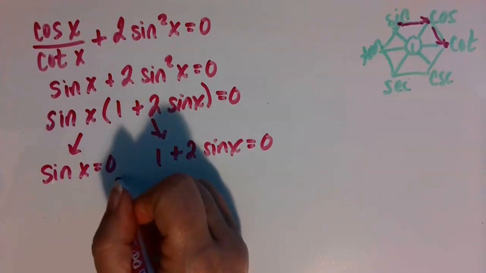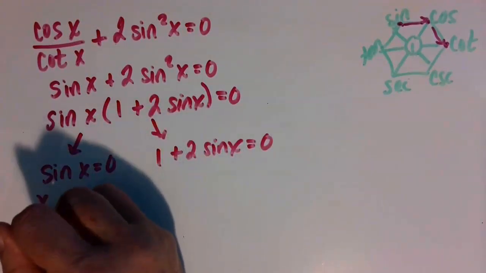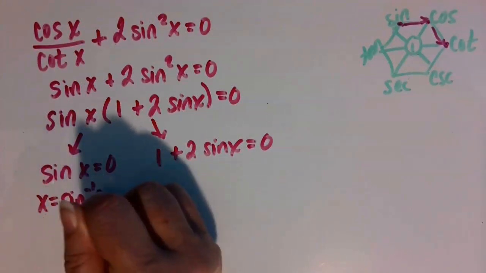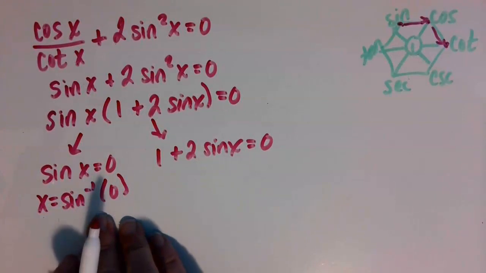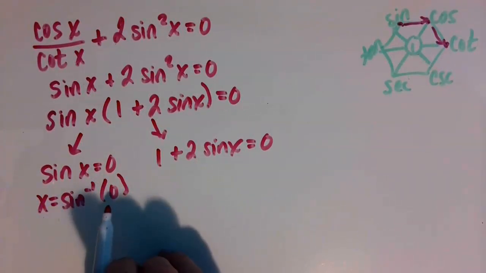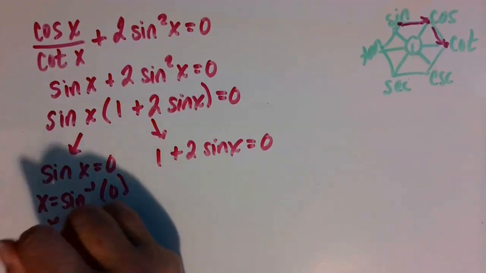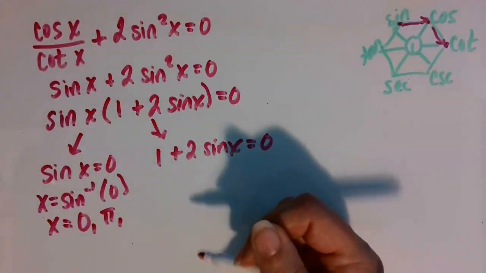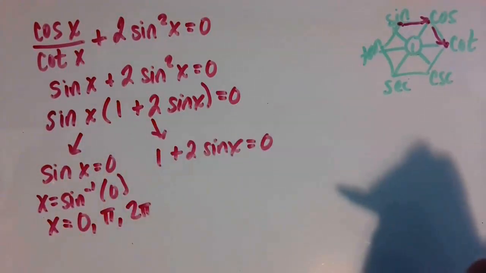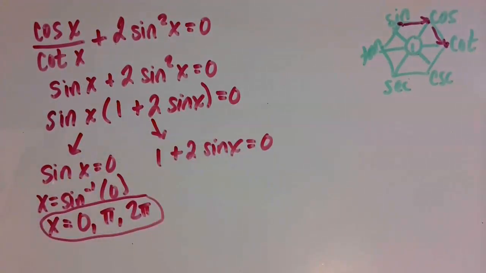So if I apply the inverse to both sides, x is equal to the arc sine of 0, and that's asking us to identify on the unit circle all the angles from 0 to 2 pi that have a y coordinate of 0. And those occur at 0, at pi, and since this is an inclusive interval, then one full rotation around the unit circle, which would be 2 pi.